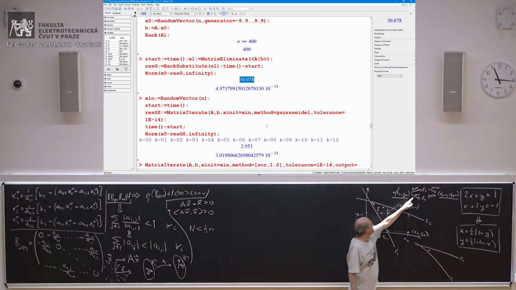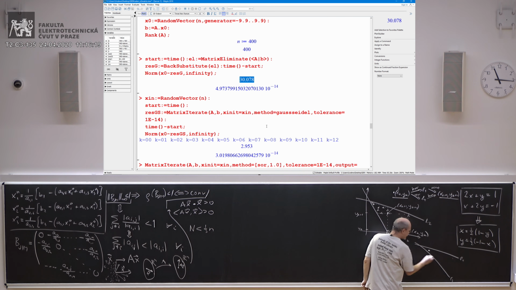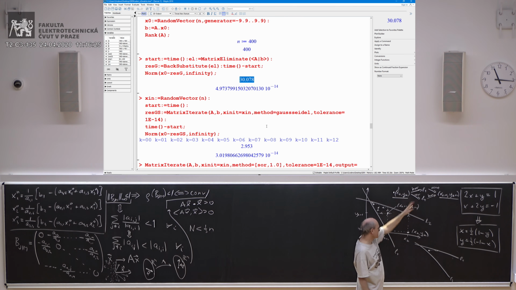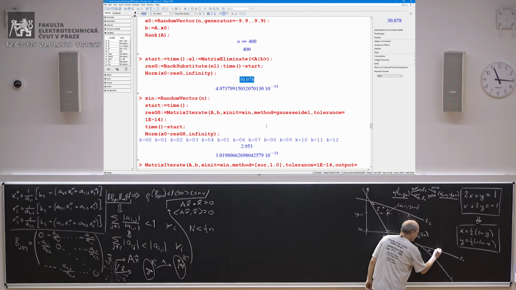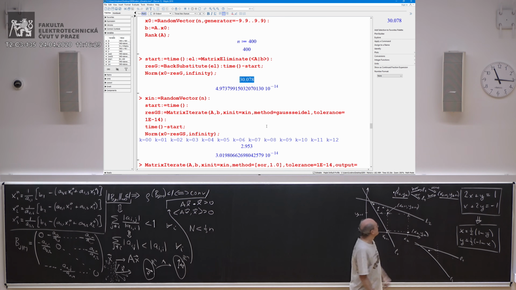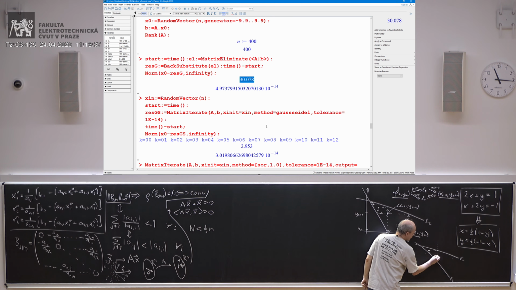We are supposed to go horizontally to L1. Well, here is L1, and I'm supposed to go there horizontally, so I have to go this way. And then vertically. Okay, vertically, it means somewhere here. I don't know where yet. And then I'm supposed to go vertically to the second line. Well, this forces me to go down, and then horizontally in some way. And I can see here the new point.